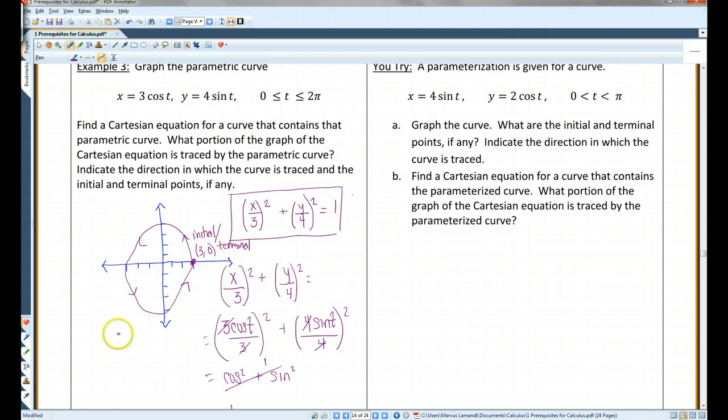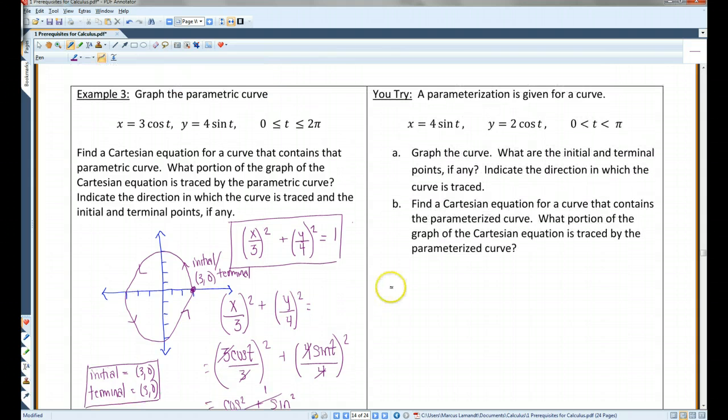If you want, you can write it like that, or you can write it over here. Either way is fine with me, as long as it's clear that you're able to identify those 2 points.